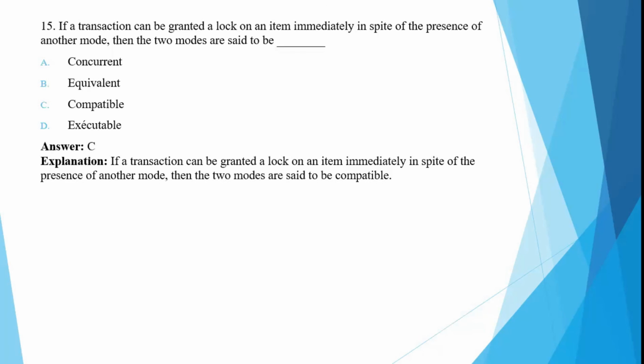Okay. And the right answer is C, that is compatible. If a transaction can be granted a lock on a data item immediately in spite of the presence of another mode, then the two modes are said to be compatible.